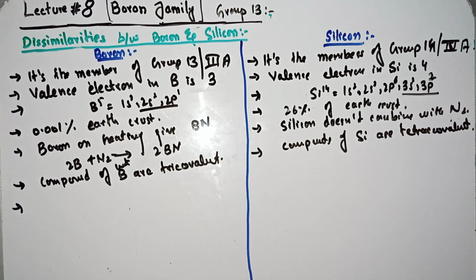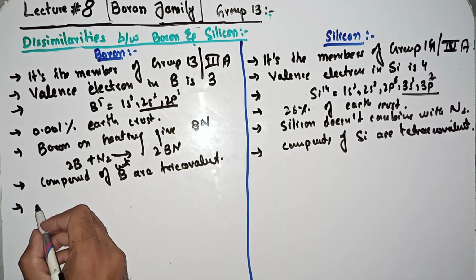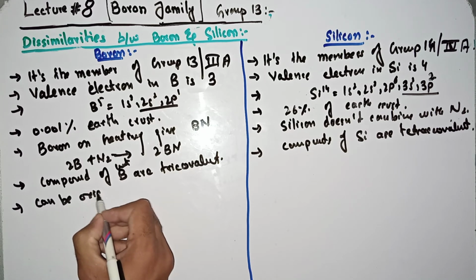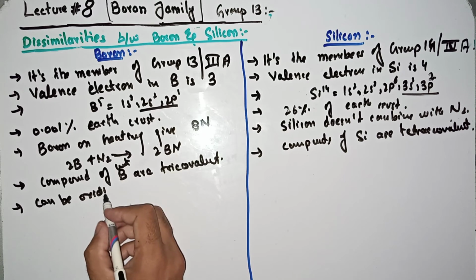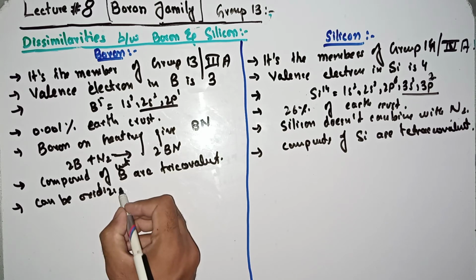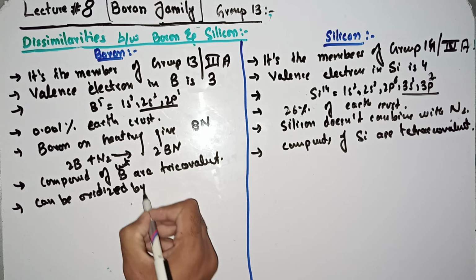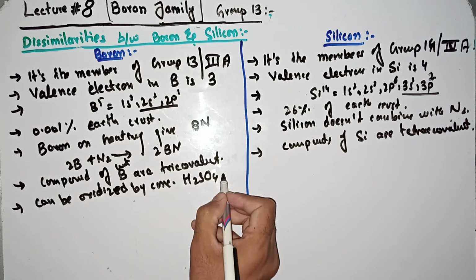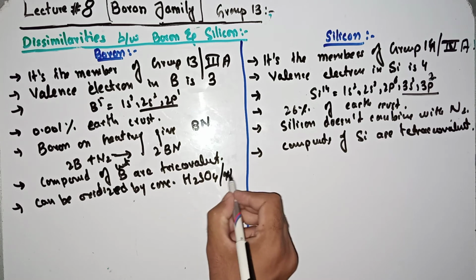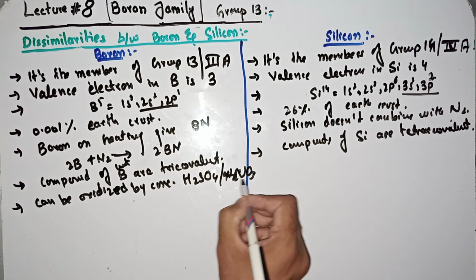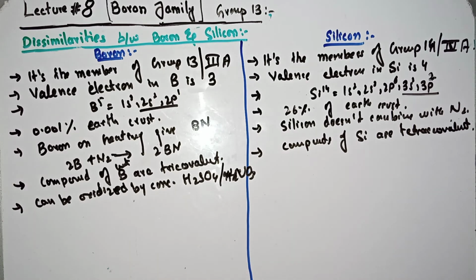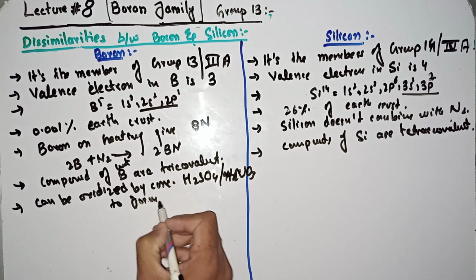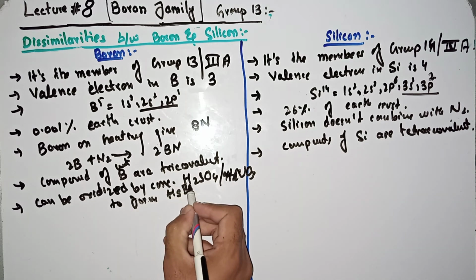Boron can be oxidized by concentrated H2SO4 or concentrated HNO3, sulfuric acid or nitric acid, to form H3BO3.